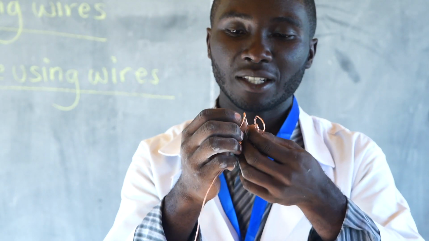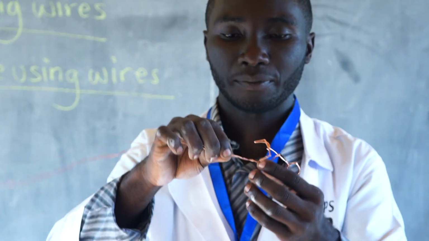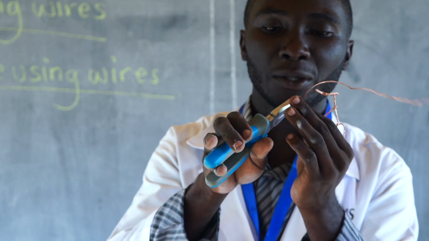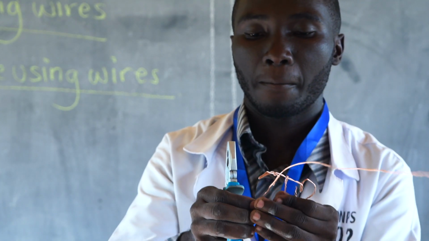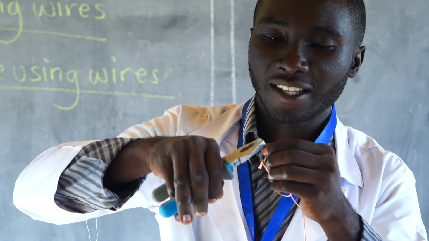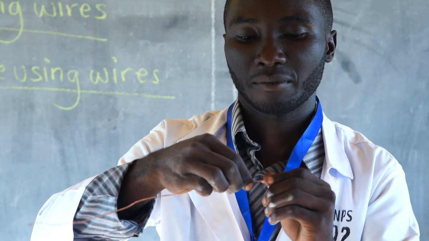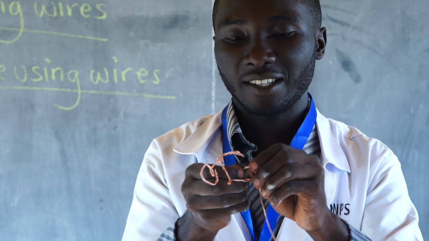We will use these pliers, and then fold to make a seat for our toy bicycle. We are going to fold to make a seat.